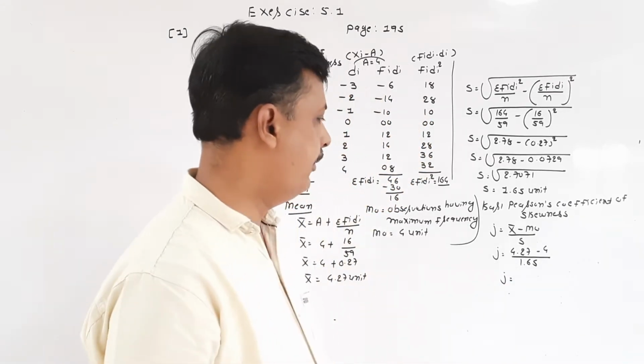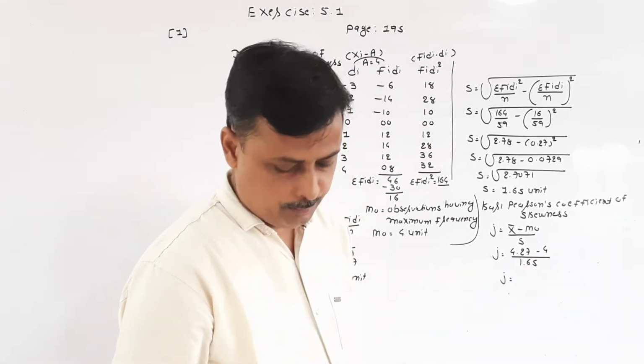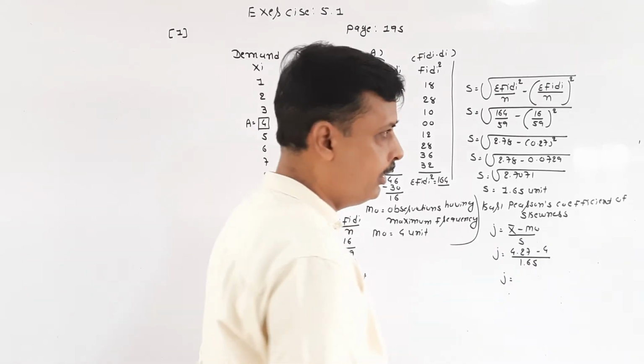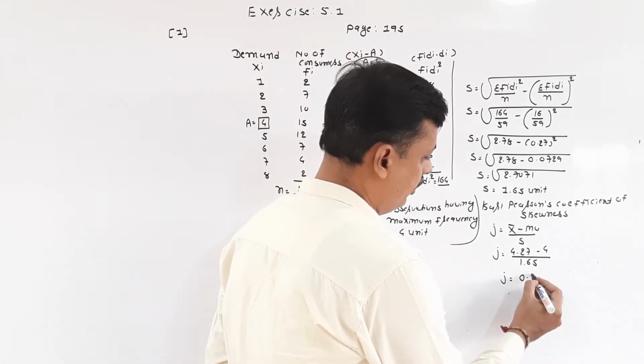So 4.27 minus 4 upon 1.65, that is 0.60.